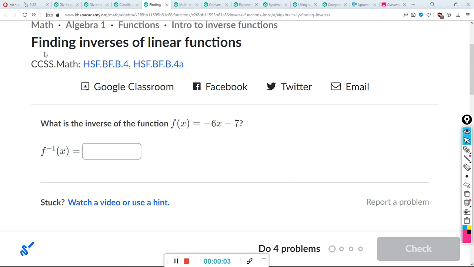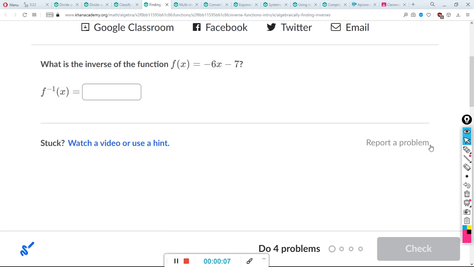This will be for the Khan assignment, finding inverses of linear functions. So there's basically two steps to finding the inverse. Step one is to switch the x and the y.